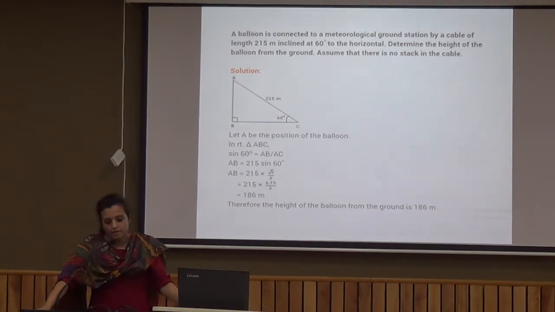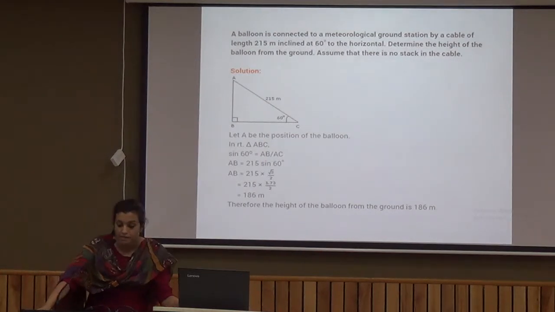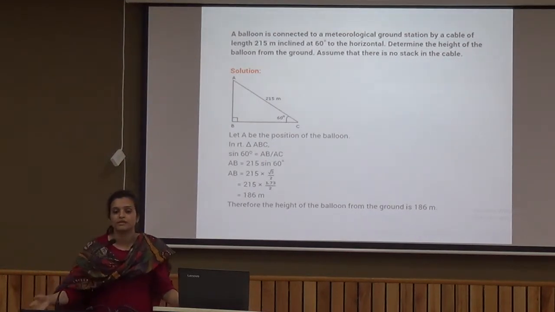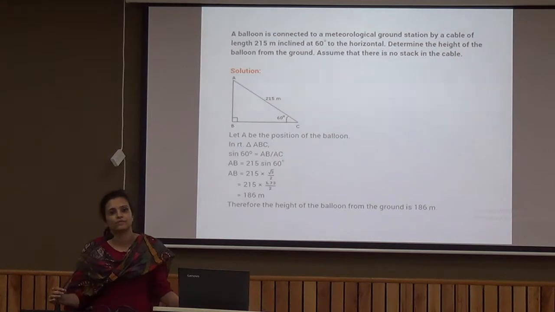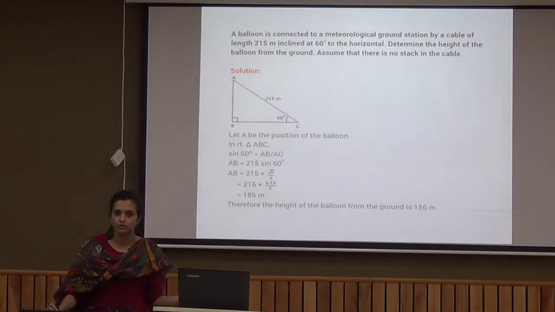A balloon is connected to a meteorological ground station by a cable of length 215 meters inclined at 60 degrees to the horizontal. Children, I think the question is the same, just that the premise and the language of the question has changed a bit. In the previous example, the distance on the ground was given to you. Now the hypotenuse is given to you.